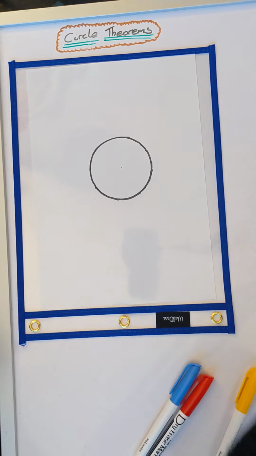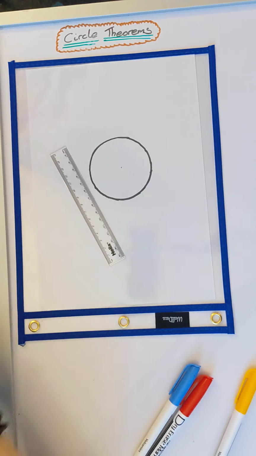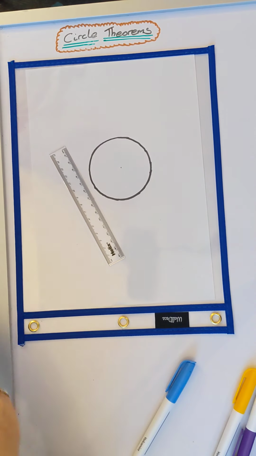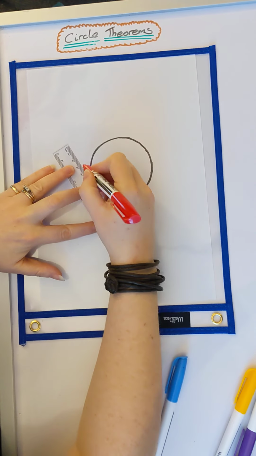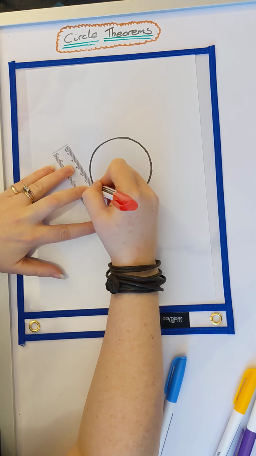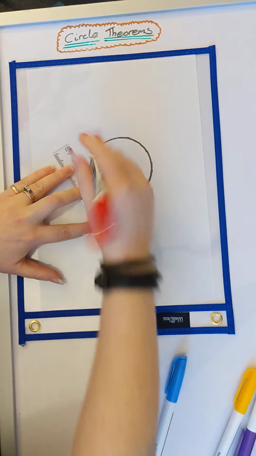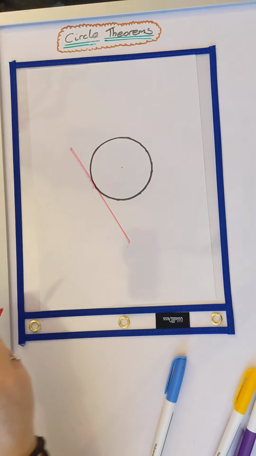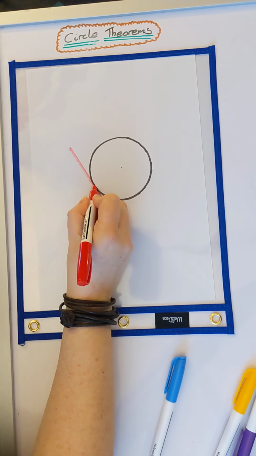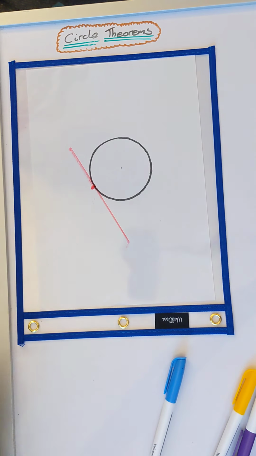Right. One last one that I want to discuss in this video, and that would be the tangent. So if I draw a tangent, remember, it is just a line that touches the circle at a point. So here's my point where it touches the circle.